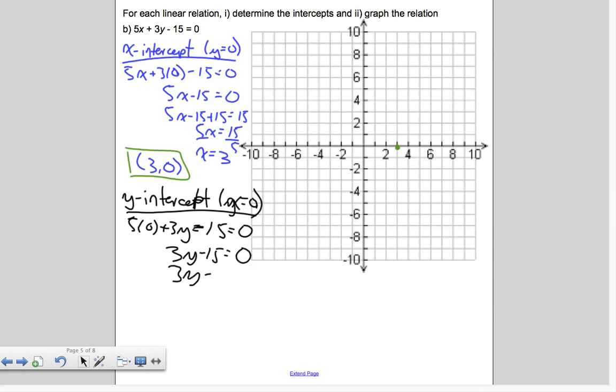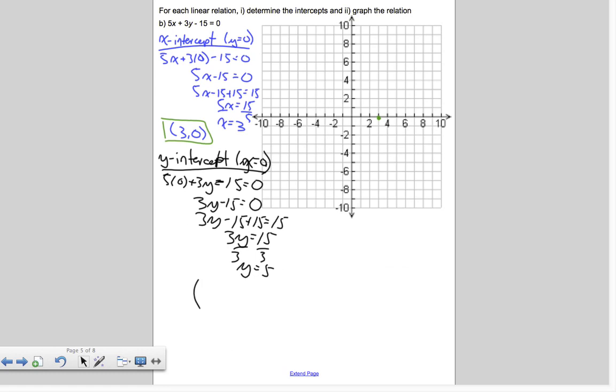Okay, add 15 to both sides. So you get 3y is equal to 15. Divide both sides by 3. So you get y is equal to 5. So my coordinate point here is (0, 5). What are the points? Plot them in there, and we'll just draw a straight line through them.